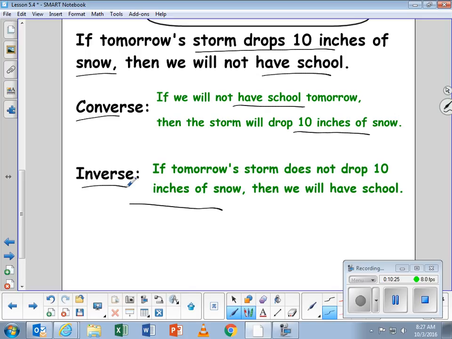So you cannot judge the truth value of the converse or the inverse based on what the original conditional was. You have to look at these separately and judge them based on what they say. Okay? Any confusion on that? All right, very good.